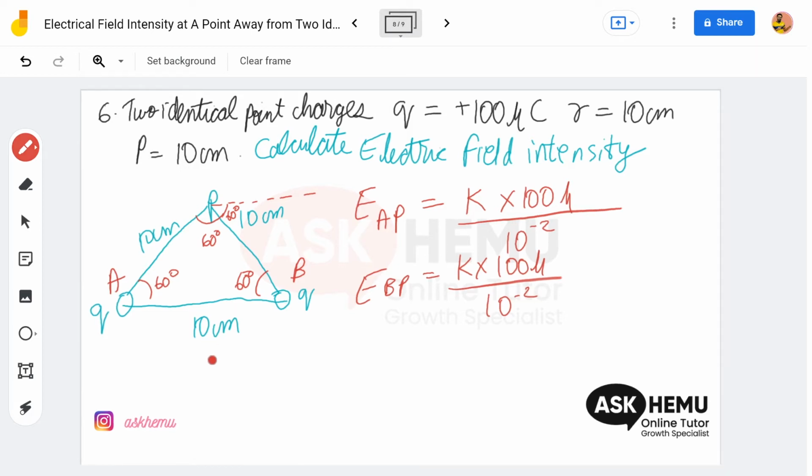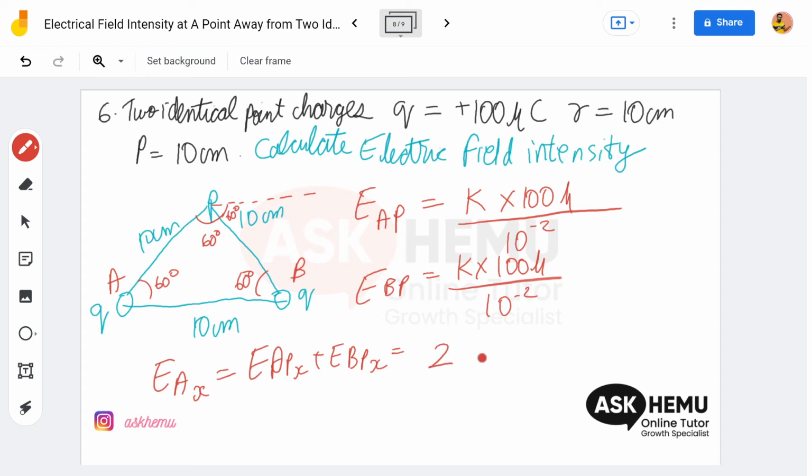Now, taking the values, the sum of all the x components in the x direction is E_APx plus E_BPx. Something interesting happens here, because the values are already the same but the angles are different. One is a positive angle and the other is a negative angle.